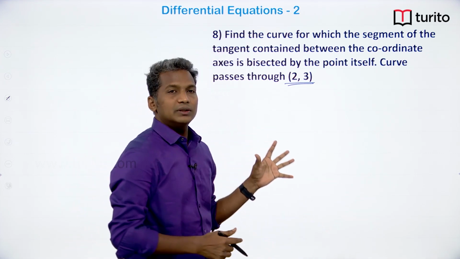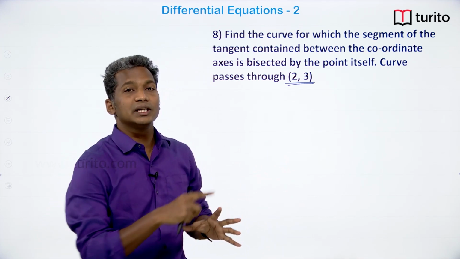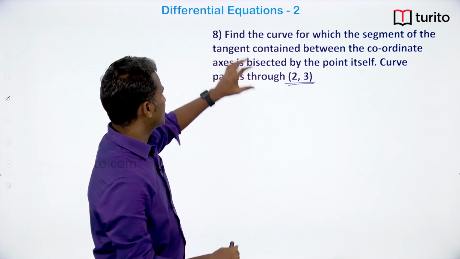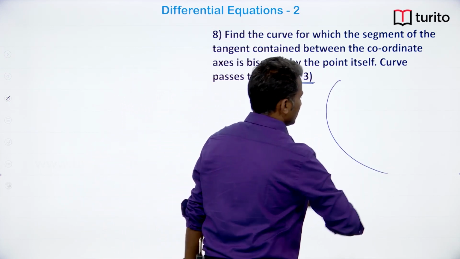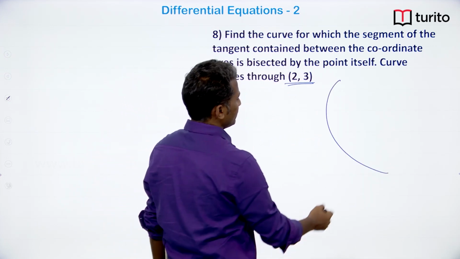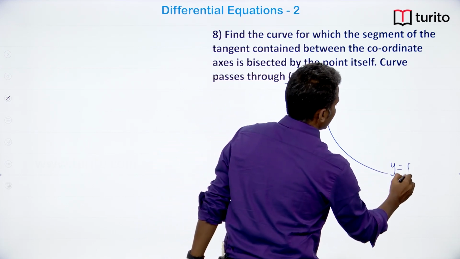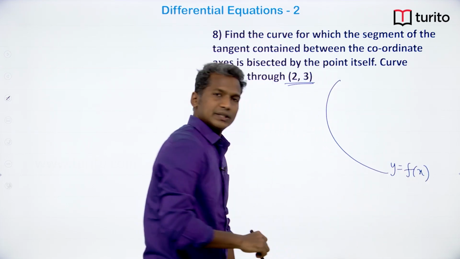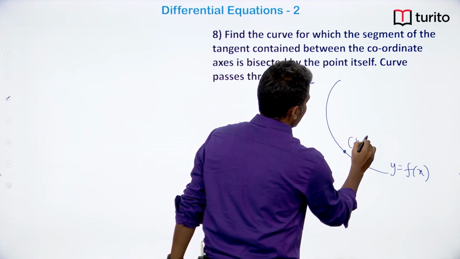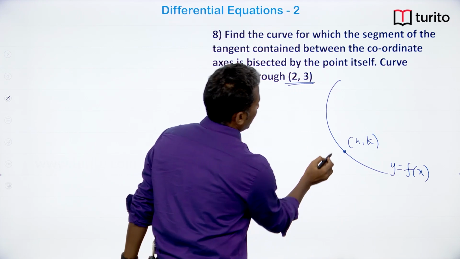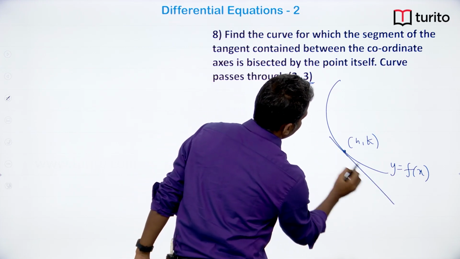For that we need to generate a differential equation first. So, let us assume a curve first. Let us say there is one curve here. I have taken one random curve, we can take this as y equal to f of x, and let us take one variable point here, which is h comma k, and there is one tangent at this point.